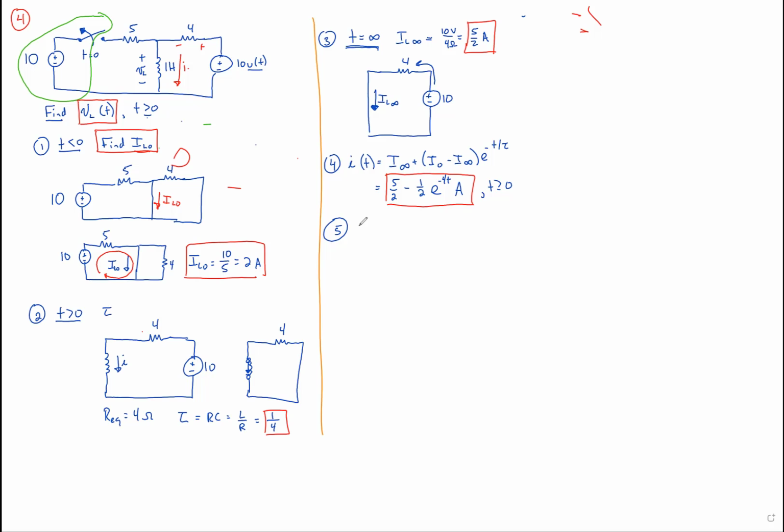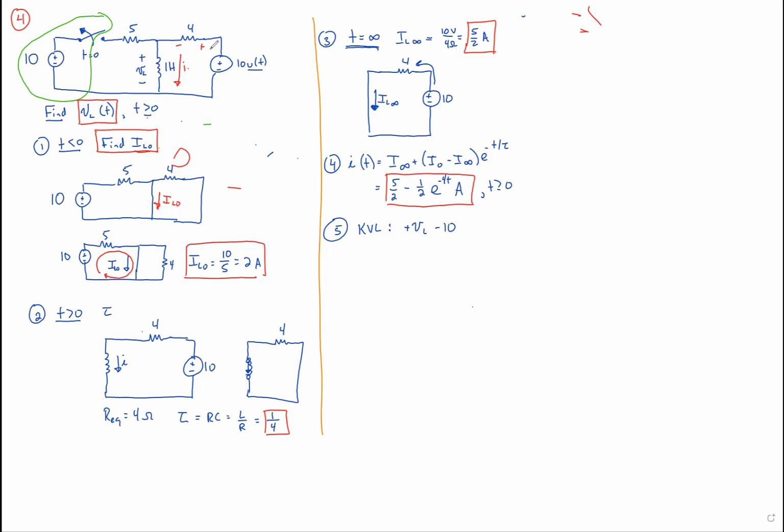The goal again is to find what our V sub L is. And I see there's a loop on the right. And for time greater than 0, the loop on the right gives us plus V sub L. And we can go around here, minus 10, because for time greater than 0, this is a positive 10.